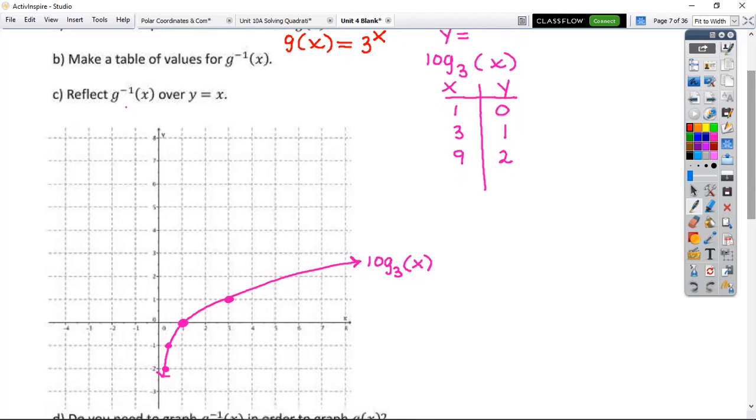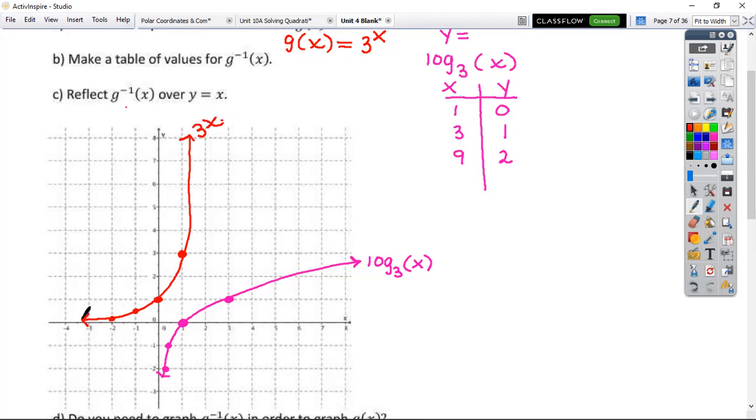So 3 raised to the x. It's going to have the point 0, 1 in it. It's going to have the point 1, 3. And then it's going to have these two little guys right here. I'll just get close to 0 without approaching it, okay? So I'm going to do one of these.